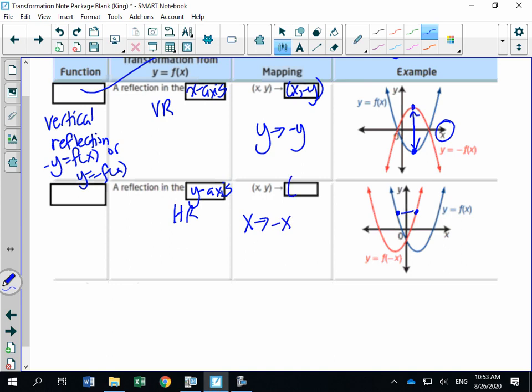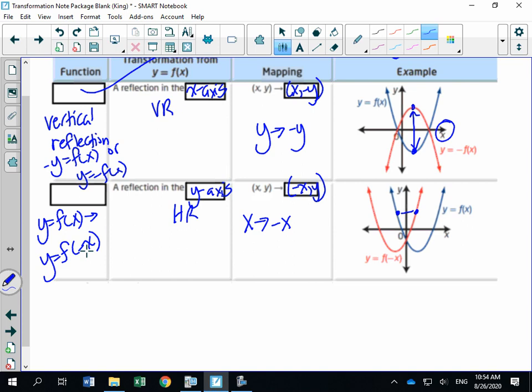So x, y becomes negative x comma y. And then the original function was y is equal to f of x. And the new transformed function is y is equal to f of negative x. Okay? And remember that that negative is within the function.